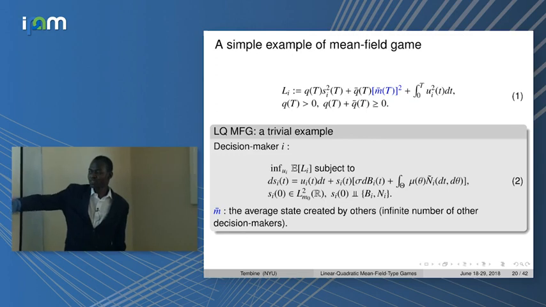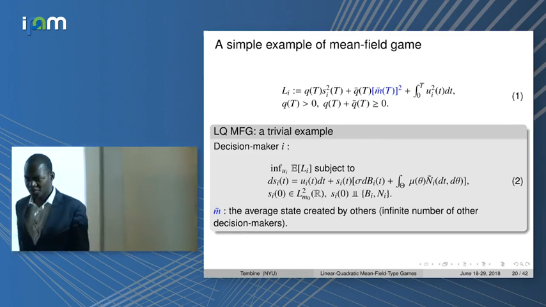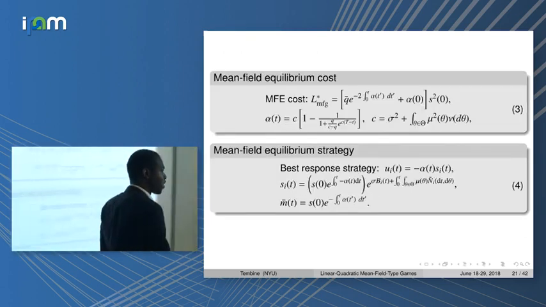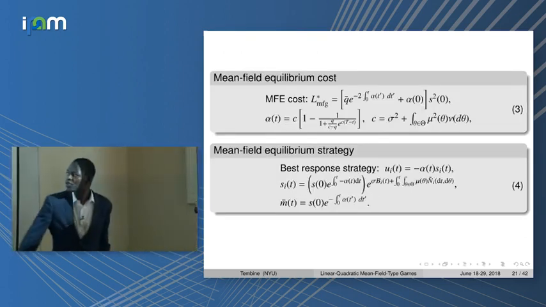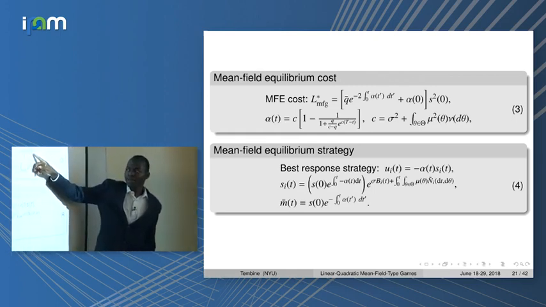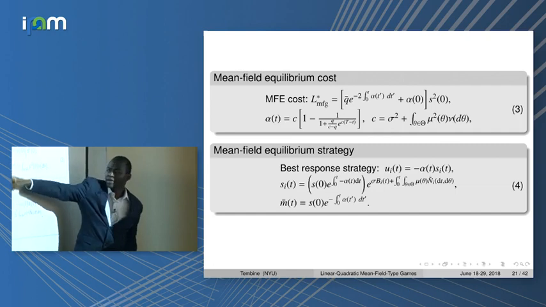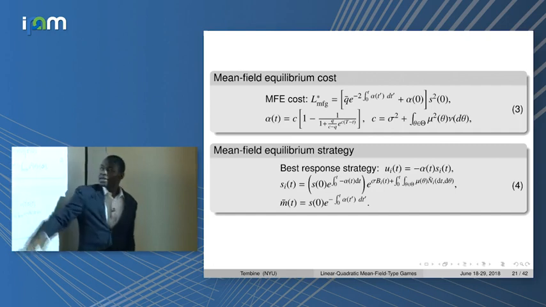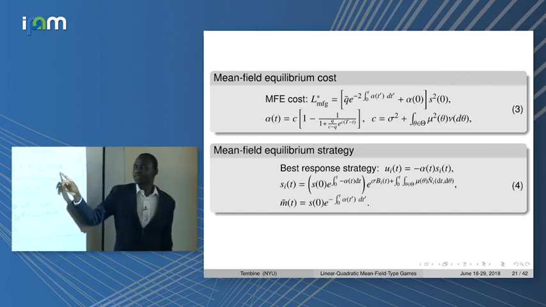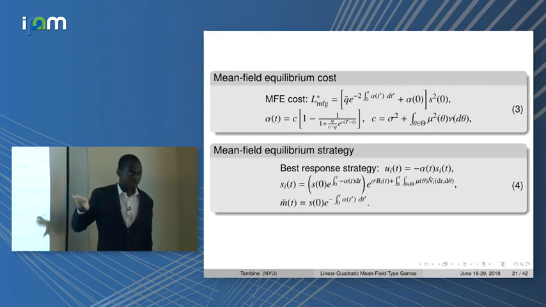You want to solve this mean field game. The solution is to guess your answer to be quadratic. You plug it in, identify the coefficients, and you find the solution. The optimal cost is here, where the alpha that appears here is explicitly given here, and there is a C that appears here, and that C is here, with the jump-diffusion coefficient.